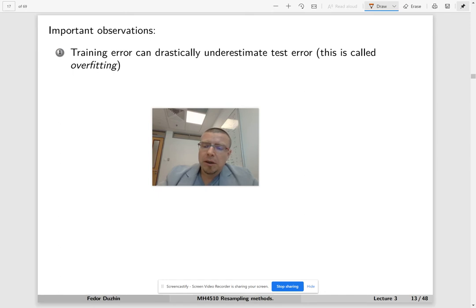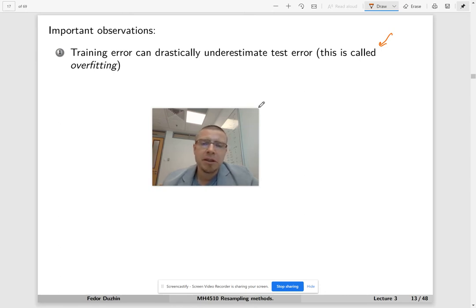What we see here is that, to be honest, this first observation we have not seen here because I did not report the training error. But we saw it in the previous chunk of the lecture. The training error can drastically underestimate the test error. Usually test error is higher than the training error, and sometimes by a lot. If it is higher by a lot, then this is called overfitting.